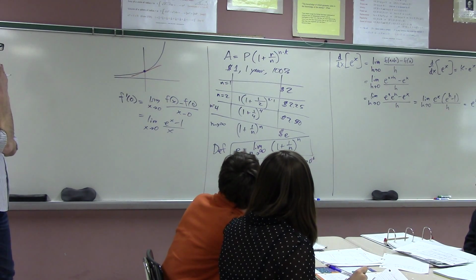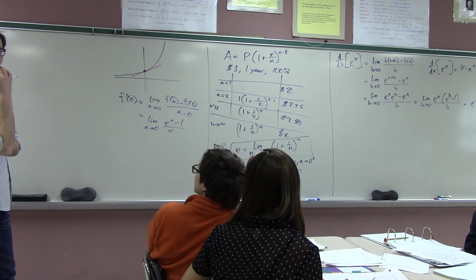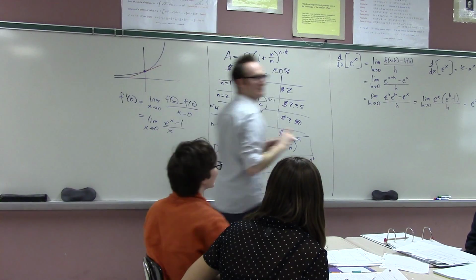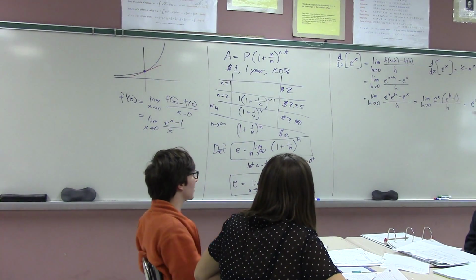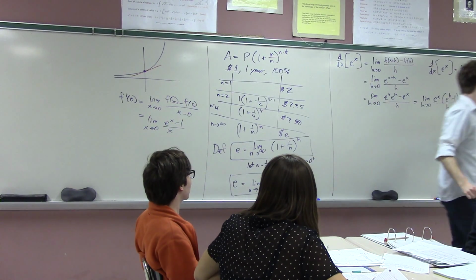Anyone know how to do that limit? It's not the exact same thing as over there. Yeah, it is. That's what you're supposed to be realizing right now. This limit, which is in fact, by the definition of the derivative, the slope of the tangent line to the function at 0, is actually the missing thing. Damn.